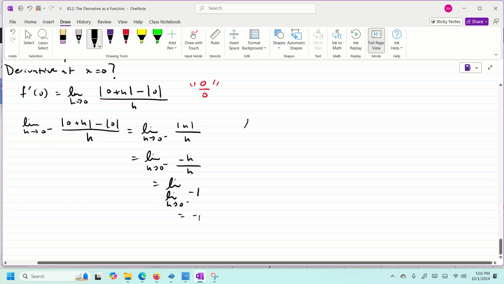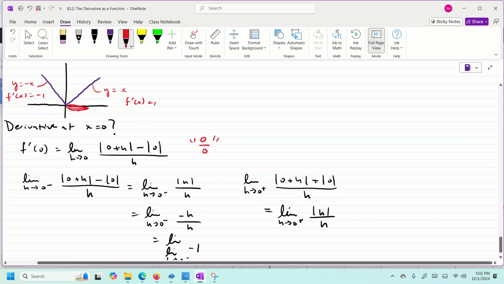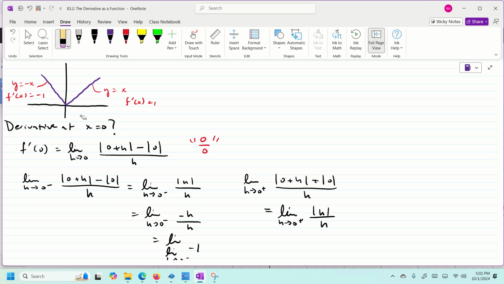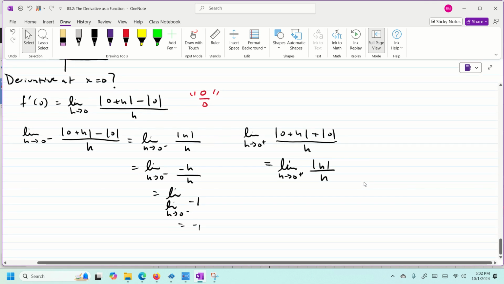Similarly, if you came in from the right-hand side, if you took the limit as h went to 0 from the positive side, again, we would have the absolute value of h over h. Oh, and we're considering values of h that are to the right of 0 over here. So these values of h are positive, and when you take the absolute value of a positive number, you get out that same positive number.